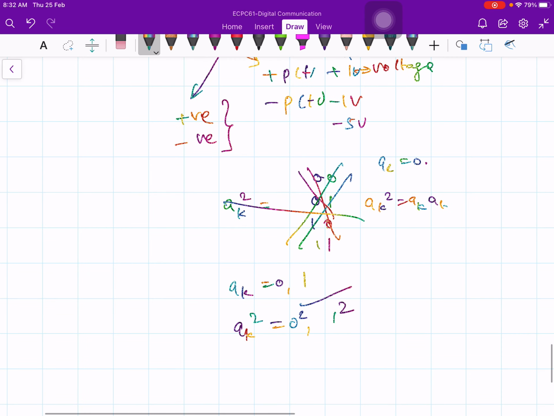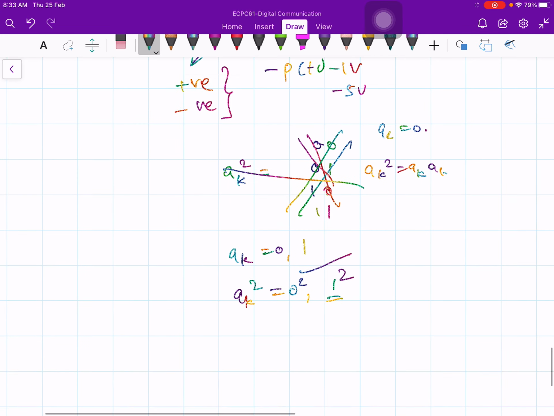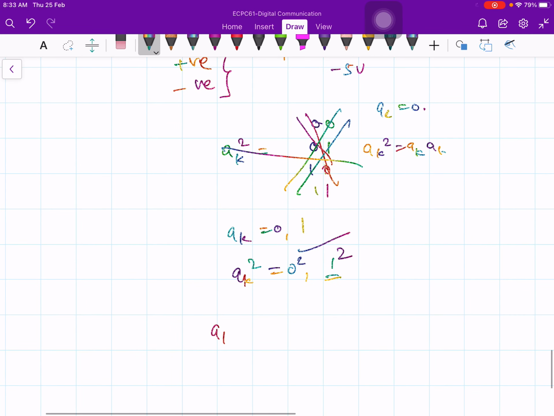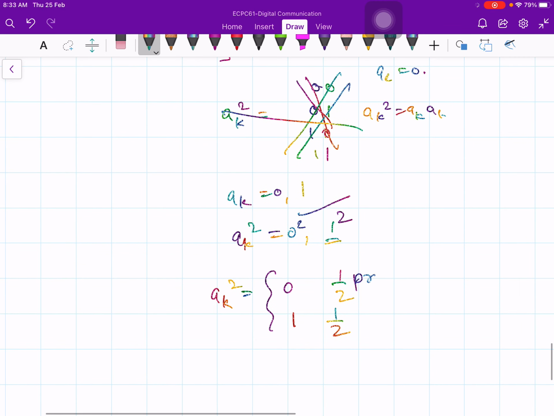Anyway, this 0 squared will not give any contribution, so let us consider only 1. Therefore a k squared is equal to 0 half of the time and 1 half of the time, right? So 0 occurs with the probability half and 1 occurs with the probability half.